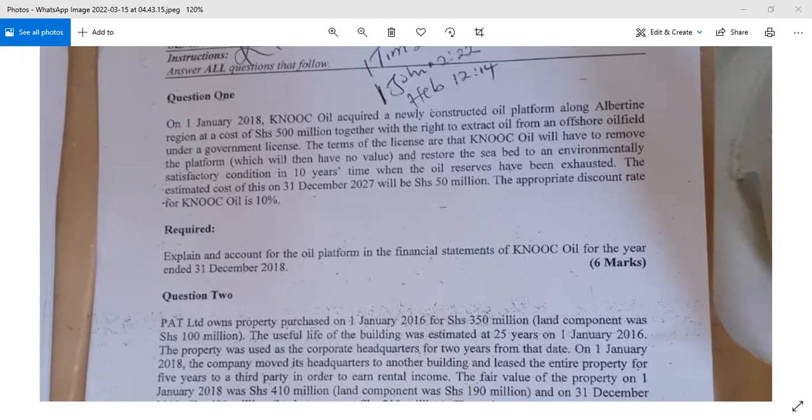It includes the price value, in this case 500 million. If there's any discount, we deduct. If there were any installation costs, we add. Then including even the estimation of restoration costs, right? So in just a few moments, my worksheet will be ready.